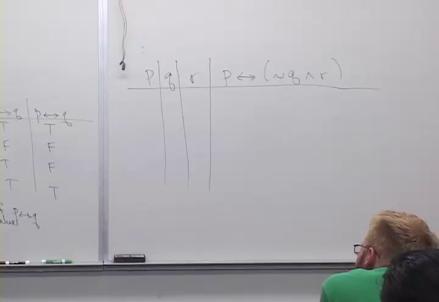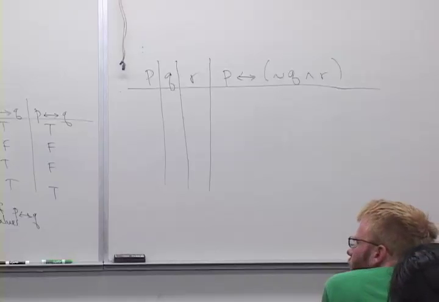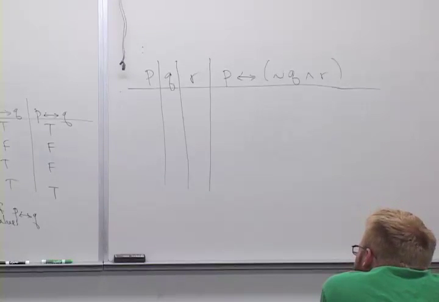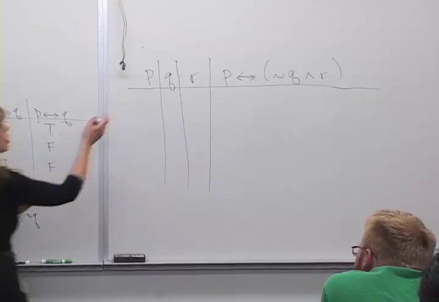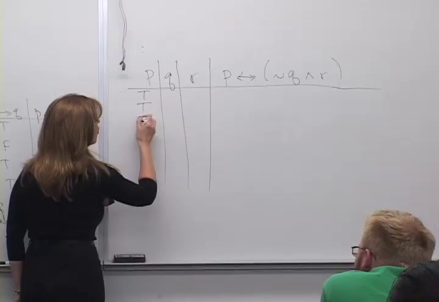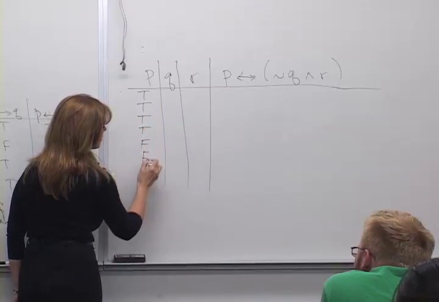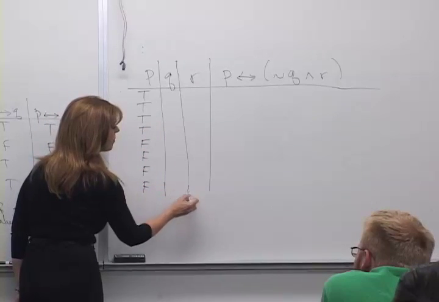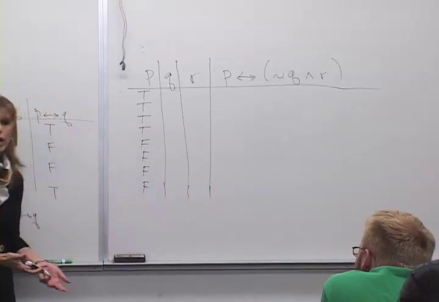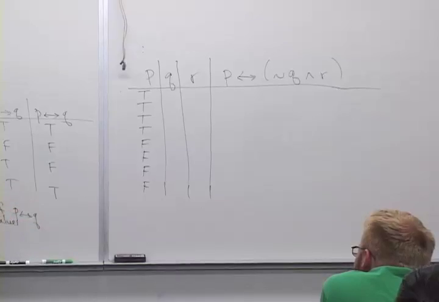So, if we have 3 variables, in order to see all of the different combinations, we are going to have 8 lines. And the way we start on the far left, instead of having 2 truths and 2 falses, we're going to start P with 4 truths and 4 falses. It's not any more complex, it's just mechanically more work. Otherwise, the rules are exactly the same.